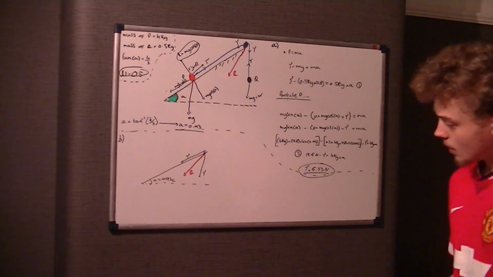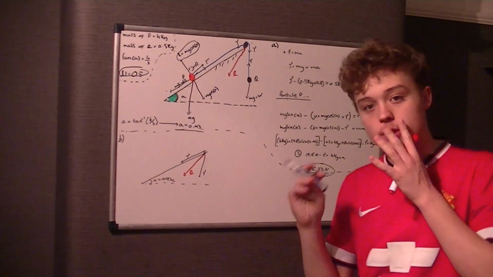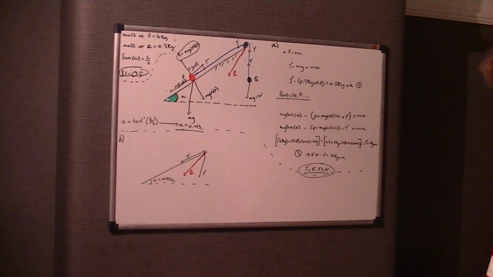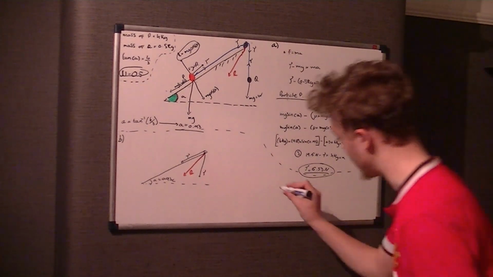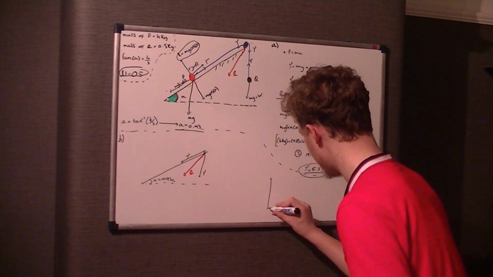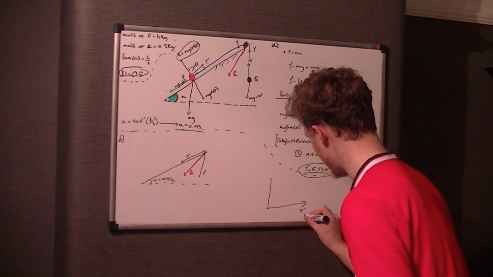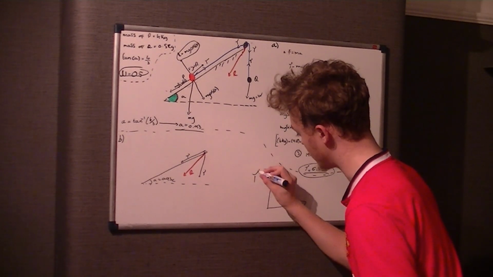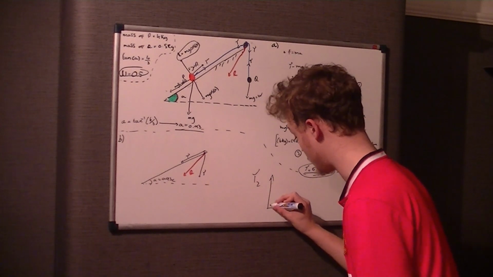Now just imagine this wasn't a slope, and this was just two forces like this. We'll call this T1, T2. You don't need to copy this down, this is just to get in your mind how we're going to answer this.